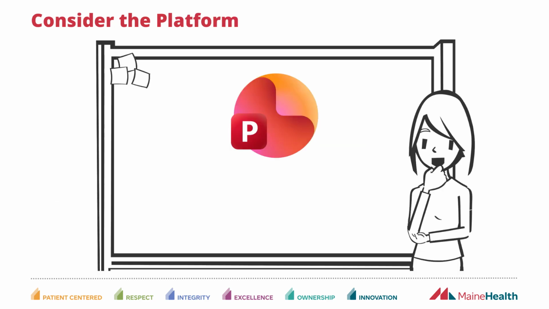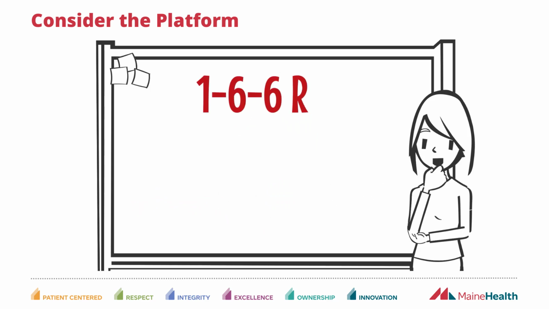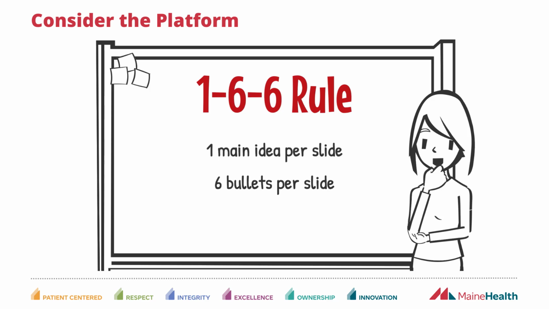Give some consideration to the platform you're going to use. Perhaps instead of dumping content into a PowerPoint template, consider Kahoot or Prezi or a Chalk Talk. PowerPoint is a wonderful tool when used correctly, but headings and text-heavy bullets are not the best way to learn. Abiding by the 1-6-6 rule can be helpful. 1 main idea per slide, avoiding more than 6 lines per slide, with 6 or fewer words per line.